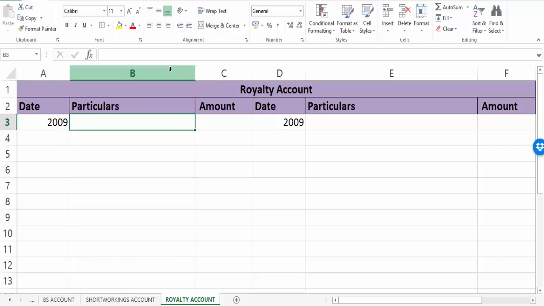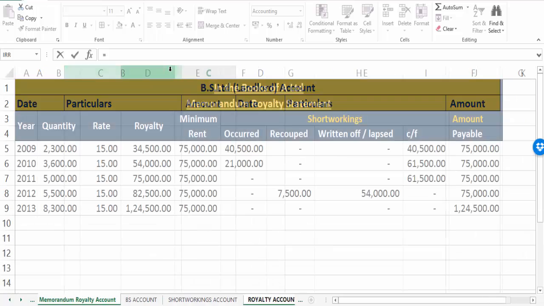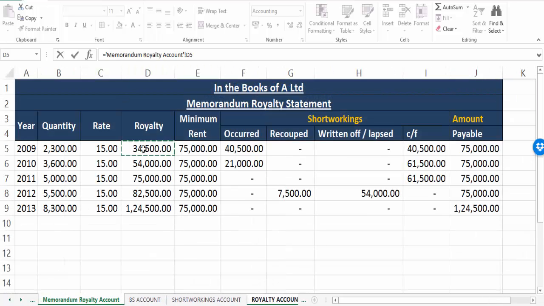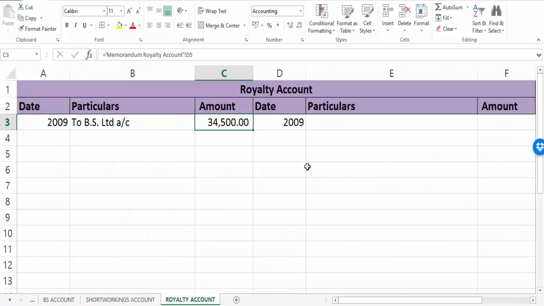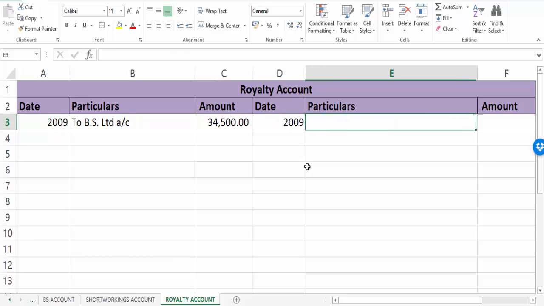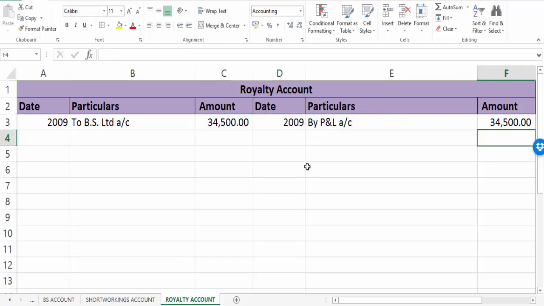So royalty account will be debited to BS Limited account. What is the royalty? Let's go to this worksheet where we can pick up the amount, which is 34,500. Now this will be transferred to P&L. So by P&L account, this 34,500. I'm not going into the balancing and totaling. Let me finish off each and every year.